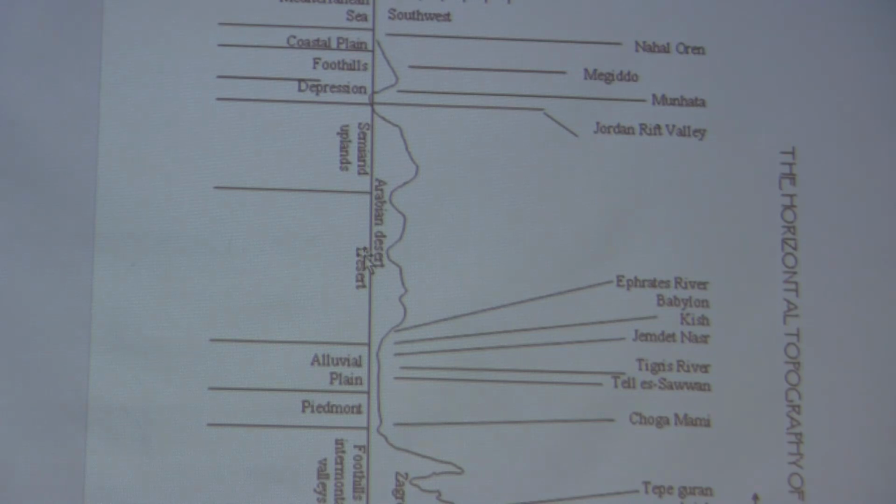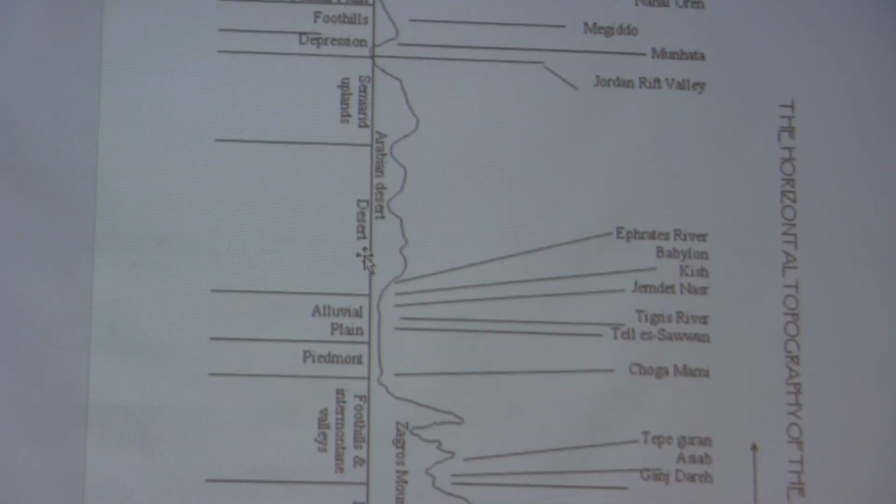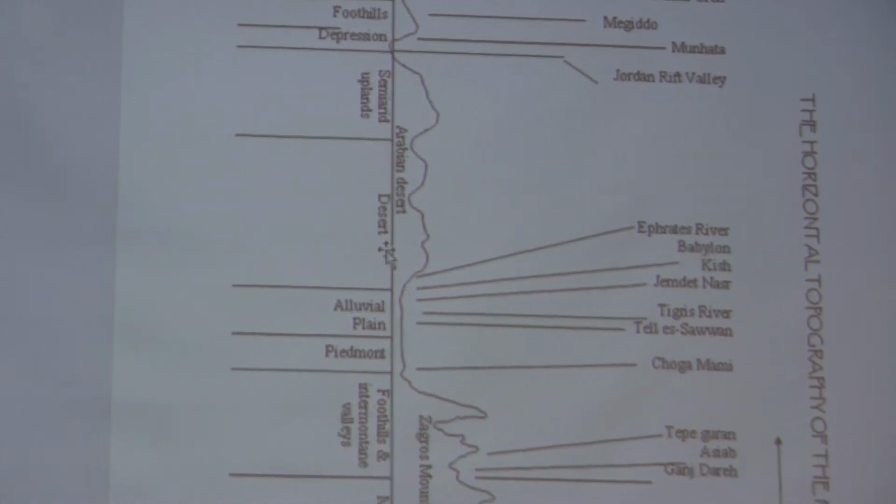In this whole region, the further south you go, the drier it gets. Wherever you're at, whether it's North Africa, or whether it's Israel, or whether it's Iraq, the further south you go, the drier it gets. So that's one of the two factors about why it's dry, just because of the way the winds flow.